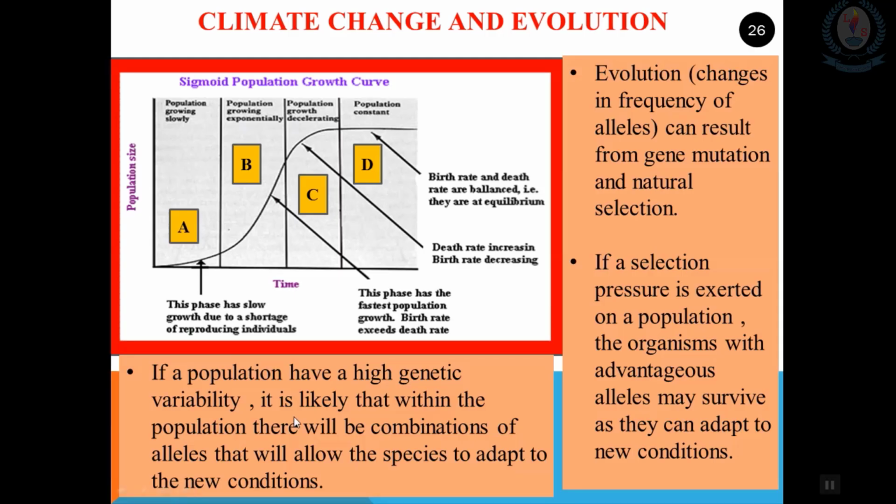Climate change and evolution. In this section, we will be discussing the connection between the climate change and evolution process. We focus on the idea of climate change as a selection pressure here. In Form 6, we discuss how evolution can come about through gene mutation and natural selection. And we have some sort of an idea how isolation reduces the gene flow of a population and in turn results in speciation.